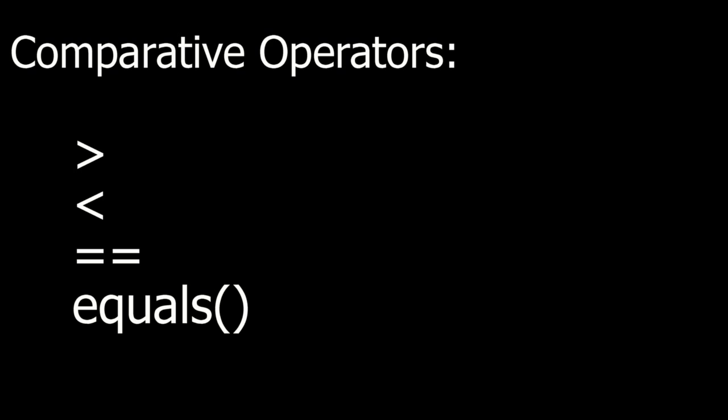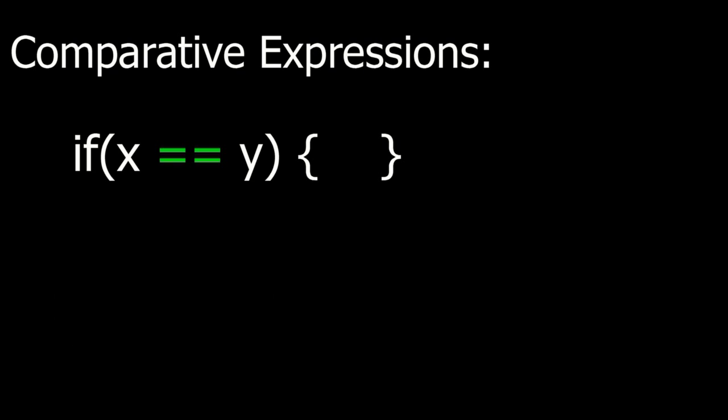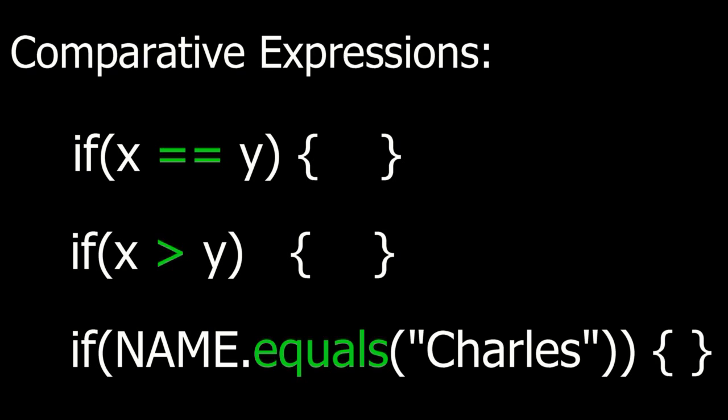Here's an example of some comparative operators. Greater than, less than, evaluates to, or the test for equality, and a function like equals could all be used to make comparisons. Comparative expressions could test if x evaluates to y, or if x is greater than y. Or even more complex structures are function calls, such as does the string name equal Charles.